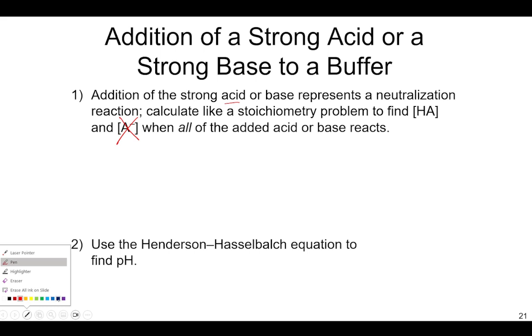If we're adding a strong base to a buffer, that base is going to neutralize some of the acid in the buffer. And so we have to write an equation to represent that. We have to then determine how the molarities of the acids and bases are going to change. And then we can worry about the new equilibrium values and plug those into the Henderson-Hasselbalch, because it is still a buffer after all, to determine the pH. So let's look at an example of this.